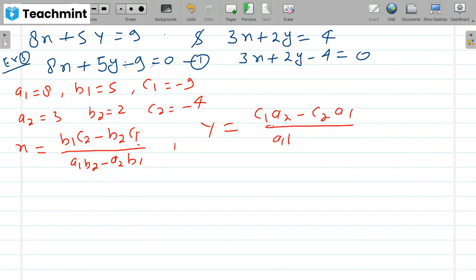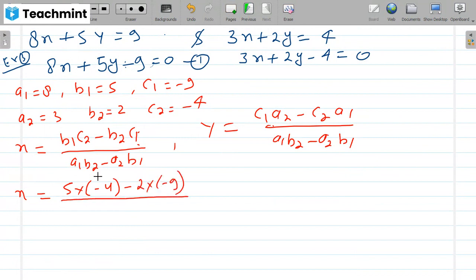And after this value of b1 is 5 and value of c2 is minus 4, minus value of b2 is 2 and value of c1 is minus 9, and here value of a1 is 8 and value of b2 2, minus value of a2 3 and value of b1 5.